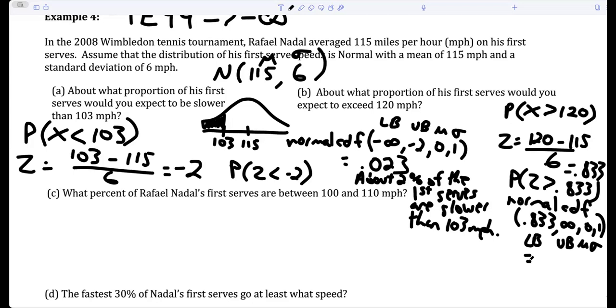And I got 0.202. So about 20% will exceed 120 miles per hour.